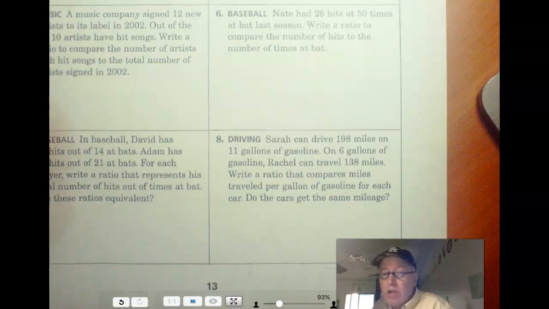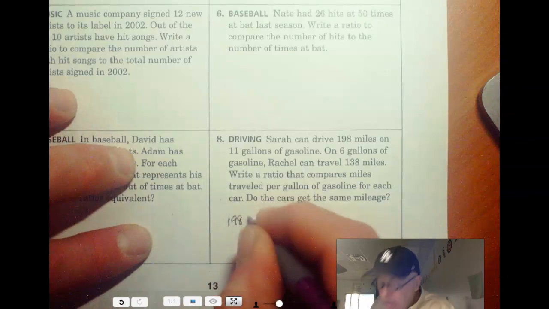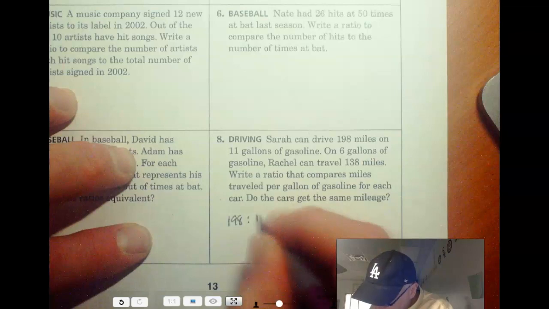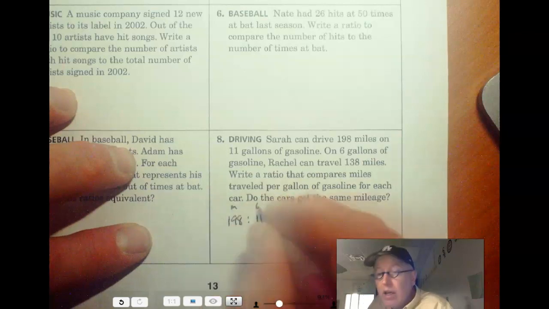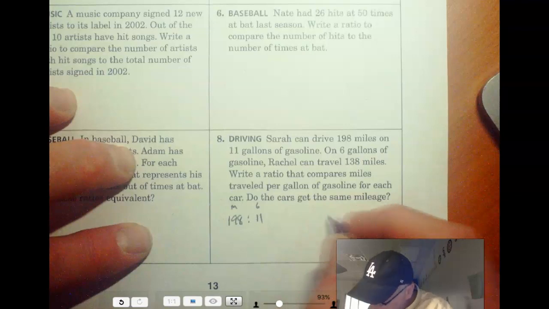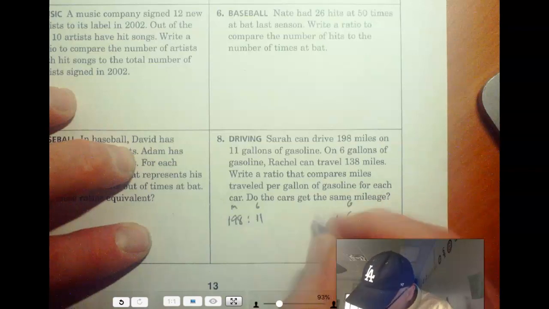Sarah can drive 198 miles on 11 gallons of gasoline, and on 6 gallons of gasoline she can travel 138 miles.